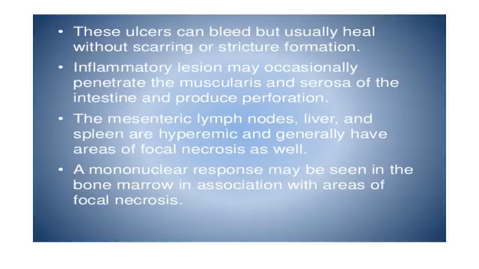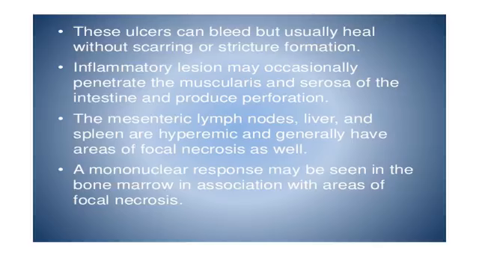So the mesenteric lymph nodes, the liver, and the spleen become hyperemic and congested due to the inflammatory response, and usually they have areas of focal necrosis as well, and this all occurs because of the local inflammatory response in that particular system.